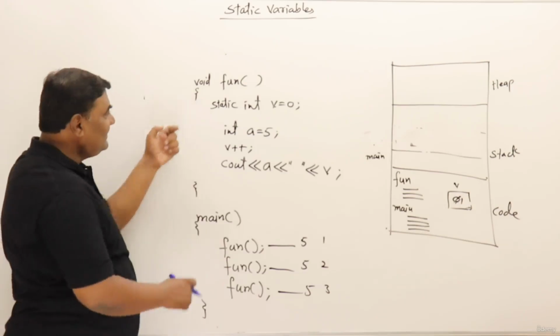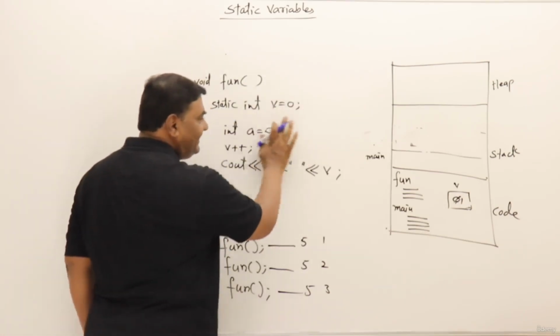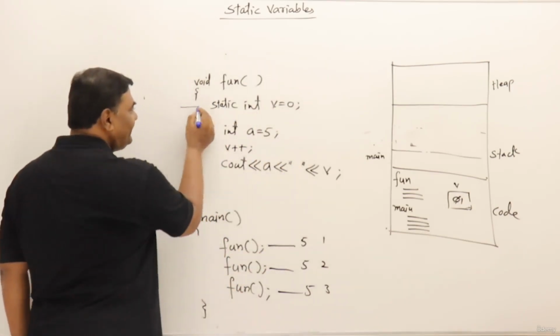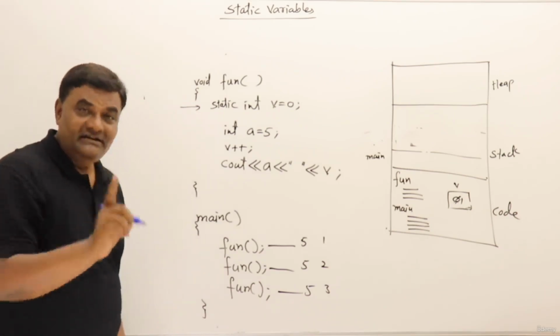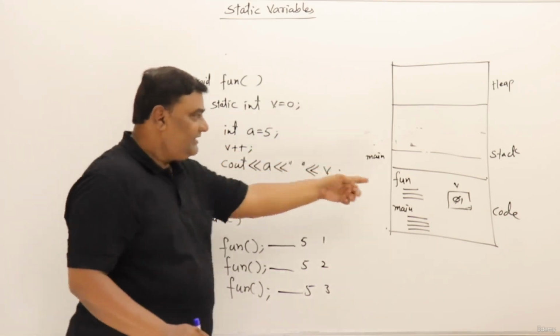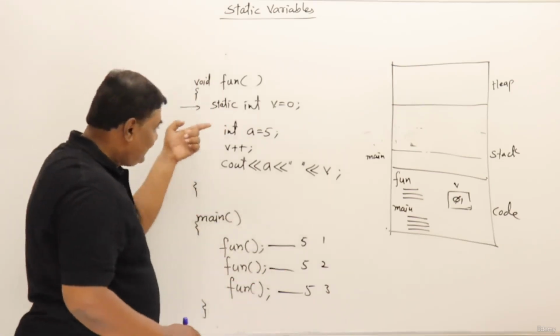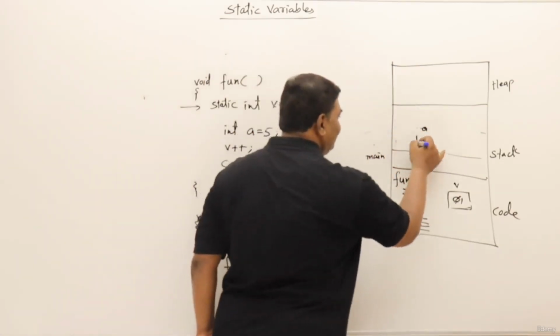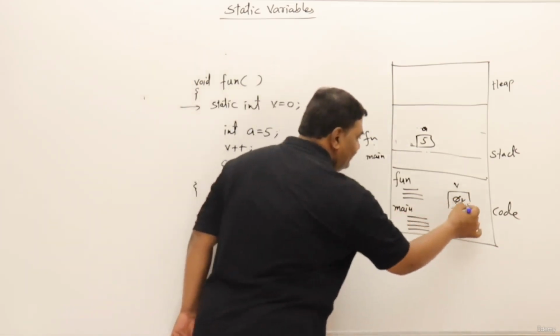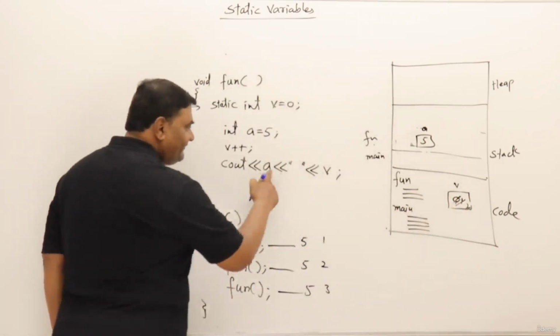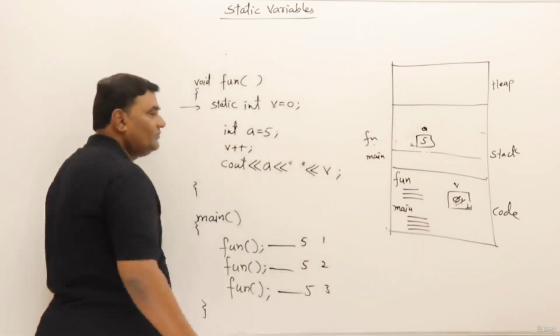In the second call, this is not done again. Every time it is not created, it is created only one time, at loading time. Now again a is created for function fun and v++, so the same v becomes 2, and it prints 5 and 2.